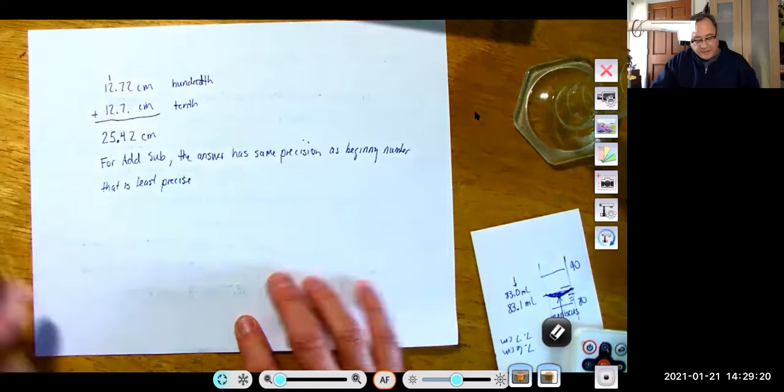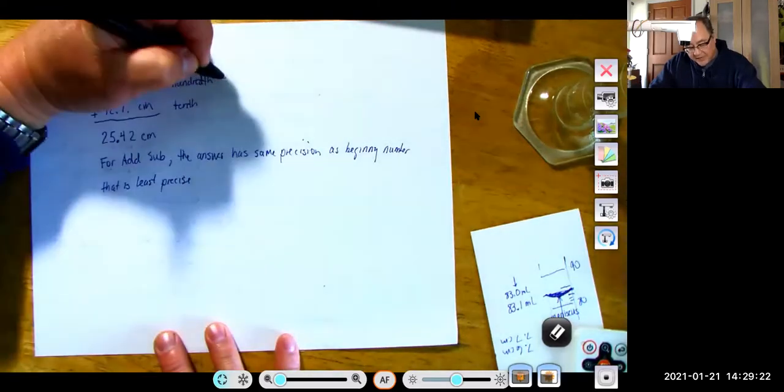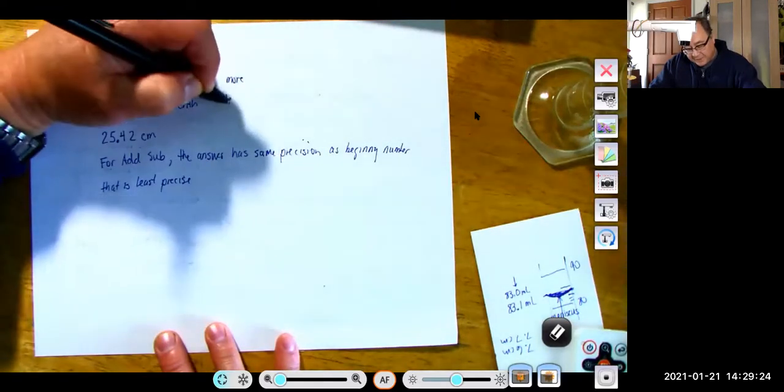So if we look at the above, this one is more precise. This one is less precise.